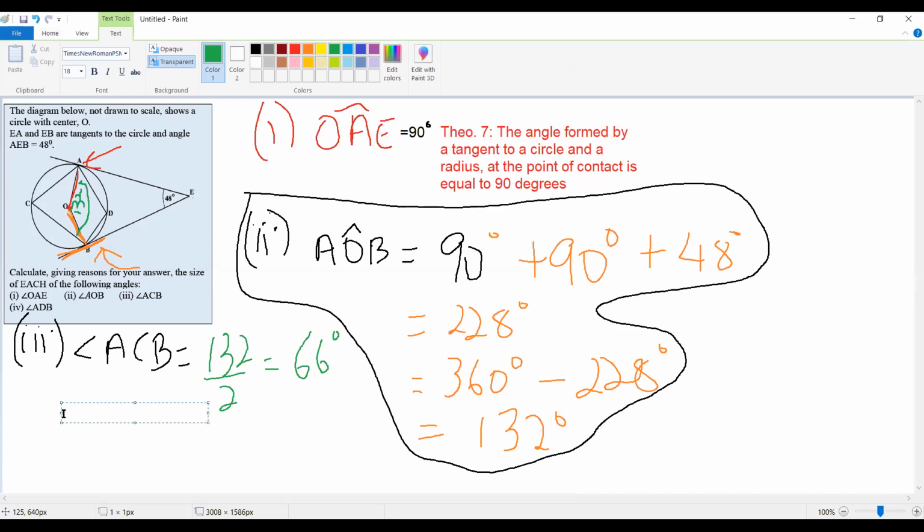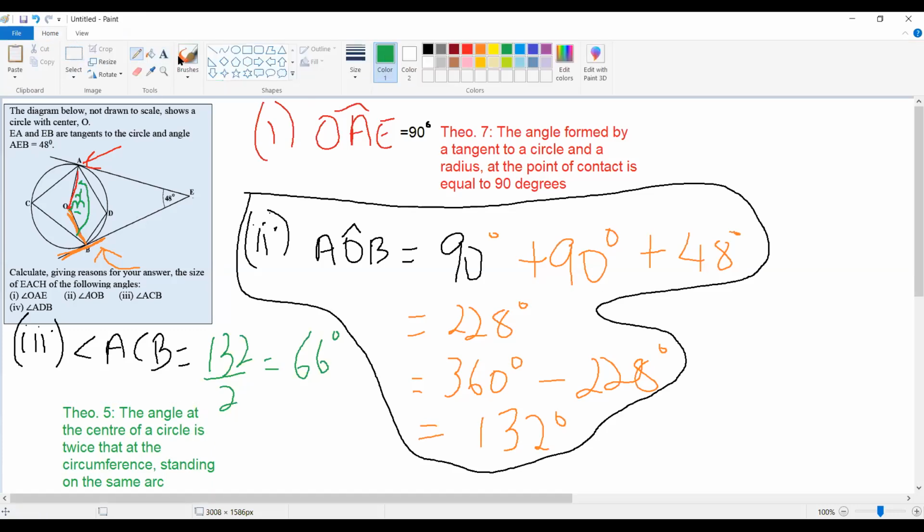That will be theorem 5, which states that the angle at the center of a circle is twice that at the circumference standing on the same arc. Anybody got that? Okay.